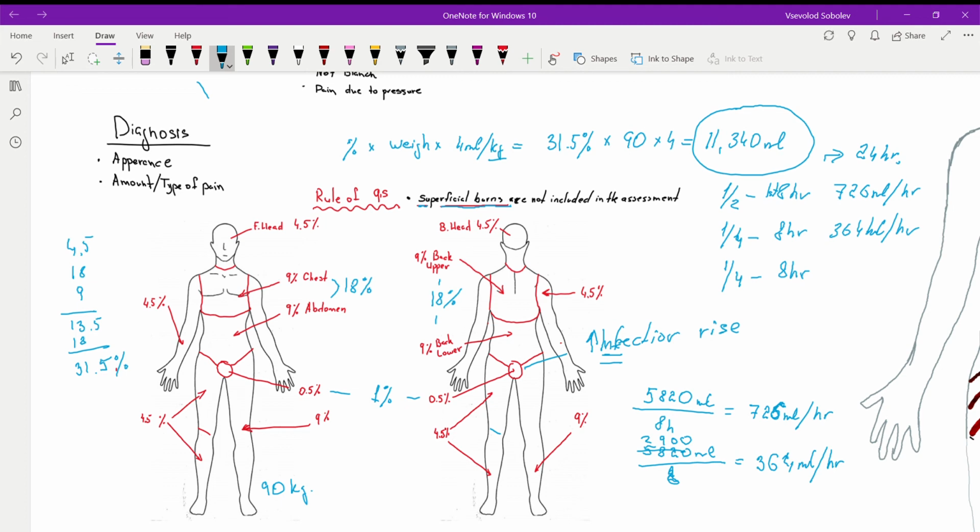Maybe the time is longer. Oh, alright, 364 milliliters an hour. For now, I gotta double check this. But anyway, I'll continue for now. I gotta look it up.